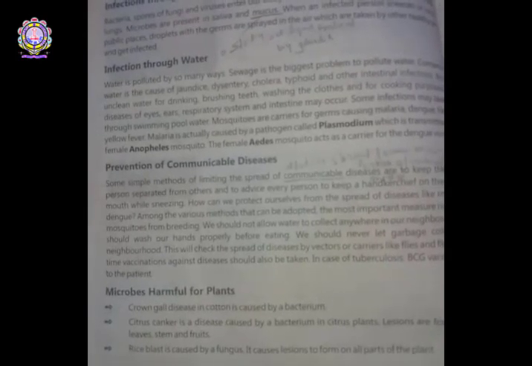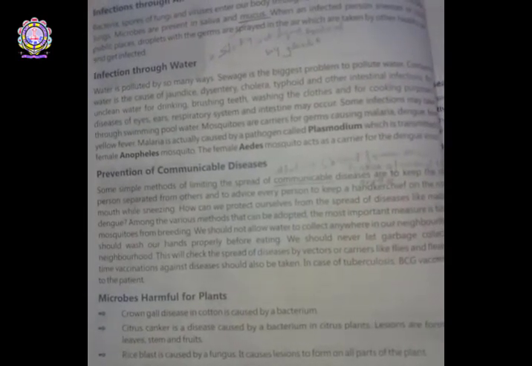First, keep the infected persons separated from the others, and advise every person to keep a handkerchief on the nose and mouth while sneezing.